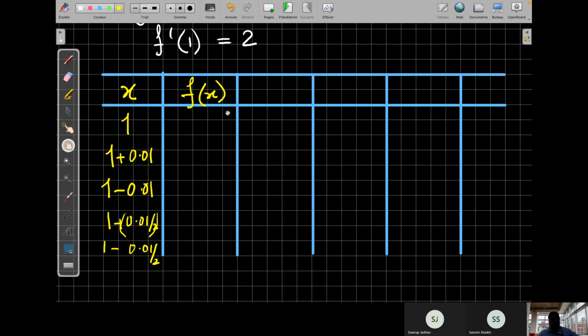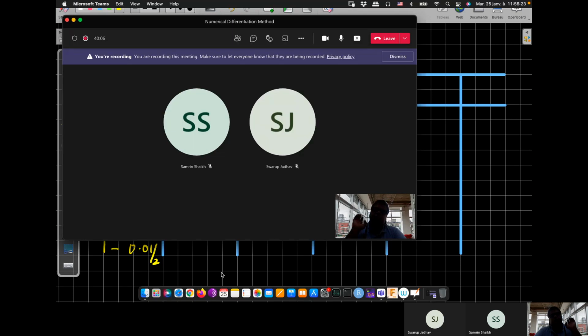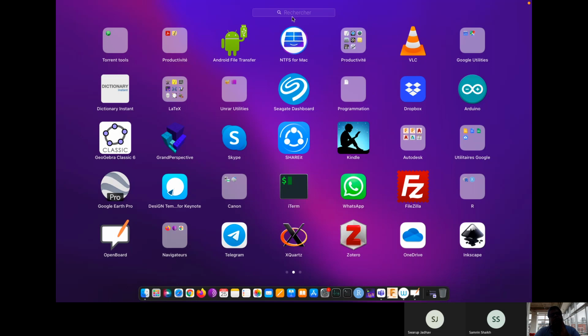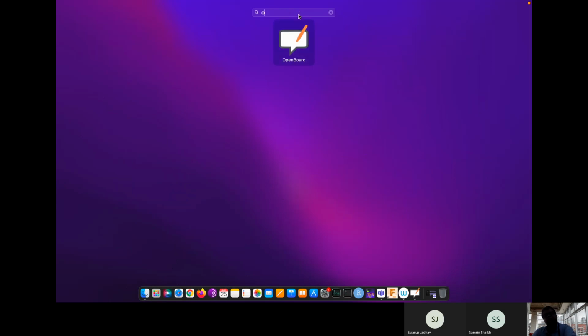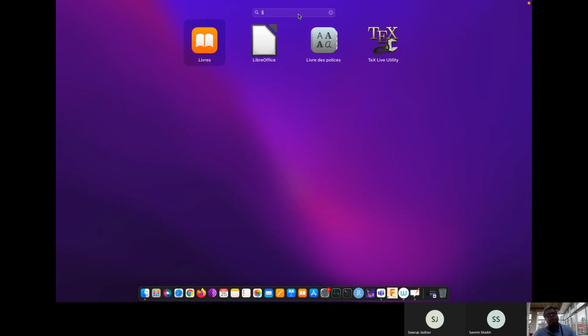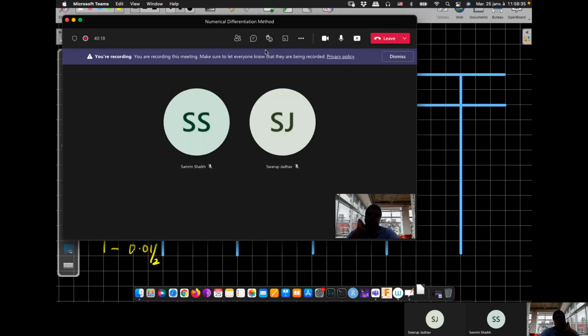Okay. Let me get hold of the spreadsheet. I'm just trying to use LibreOffice. Always use LibreOffice here so that you learn to use open source software.